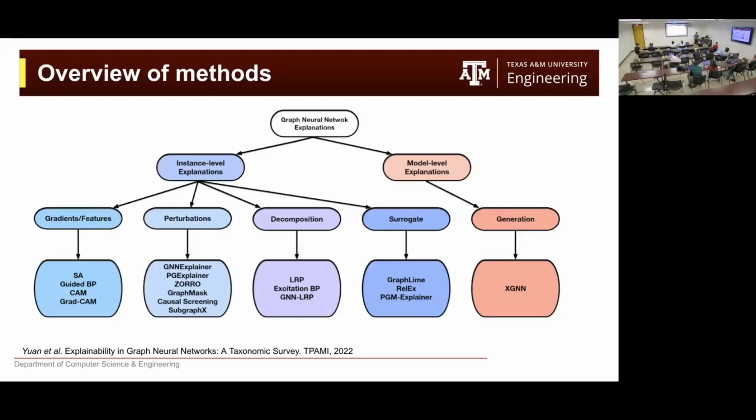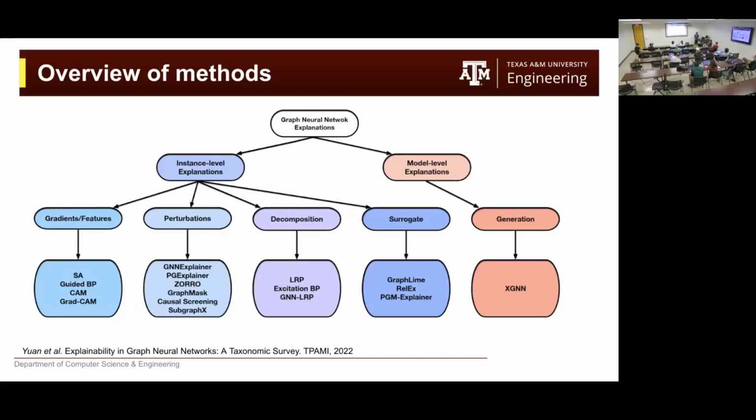Then it will use an interpretable model such as a linear model to learn the importance score on the generated data set. However, since the graph contains topology information, it's very hard to define the local region of the input graph. It's very hard to define what topology is close to the original input graph topology. So these methods still need more research.